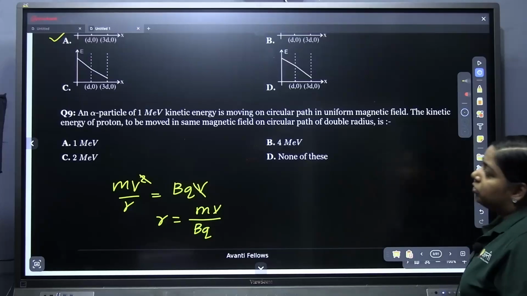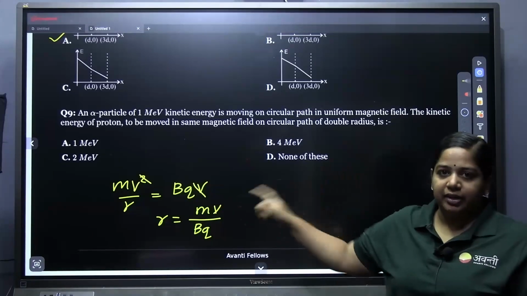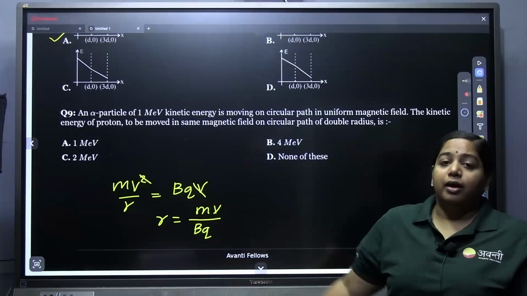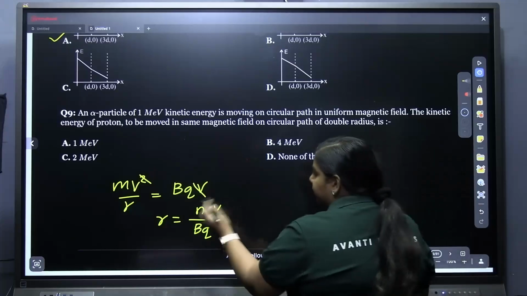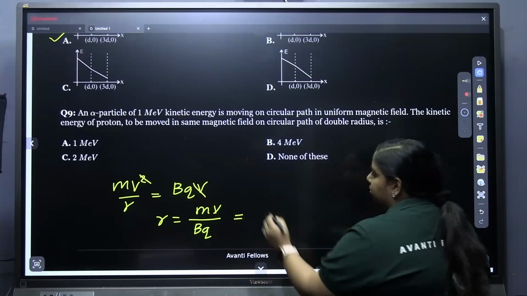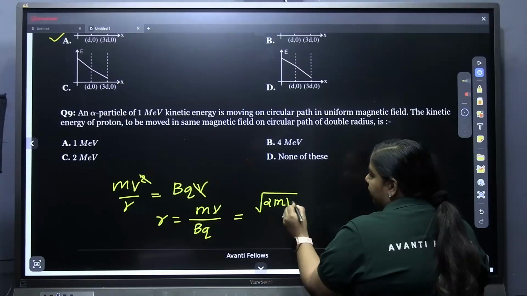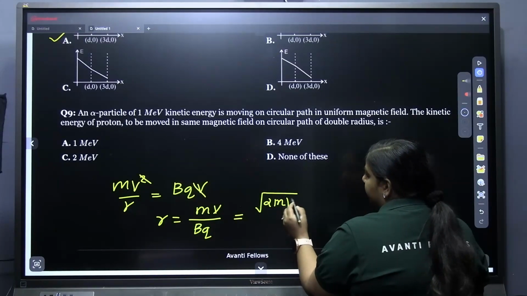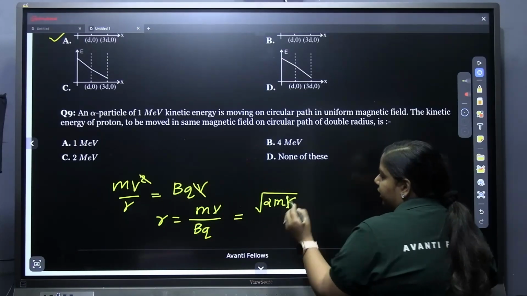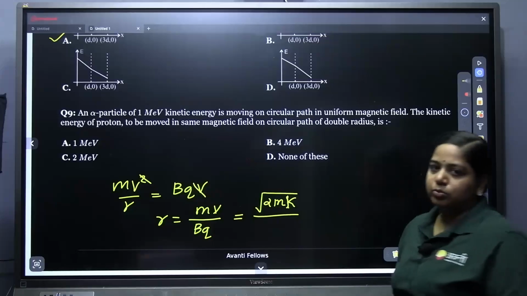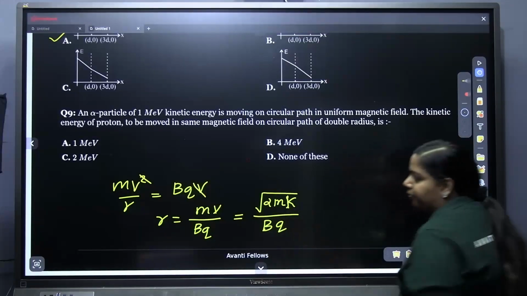Okay. So for alpha particle, kinetic energy is given. mv is our momentum, m into v. So we have to write momentum in terms of kinetic energy. That will be root 2 mk. Okay, this k is kinetic energy. Root 2 mk is momentum divided by bq.